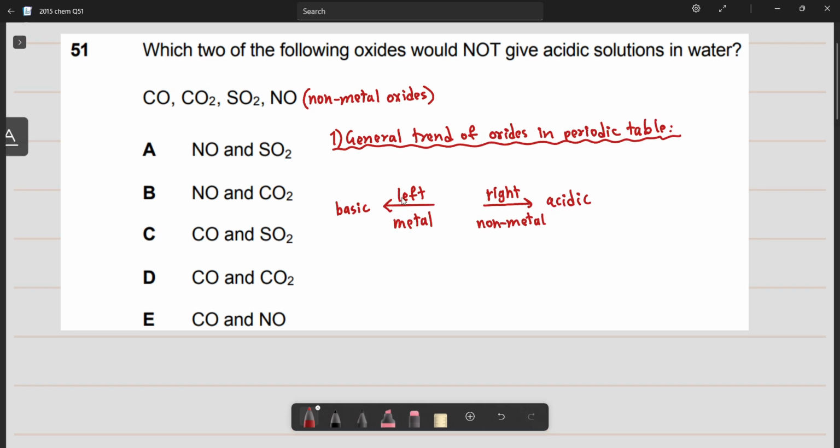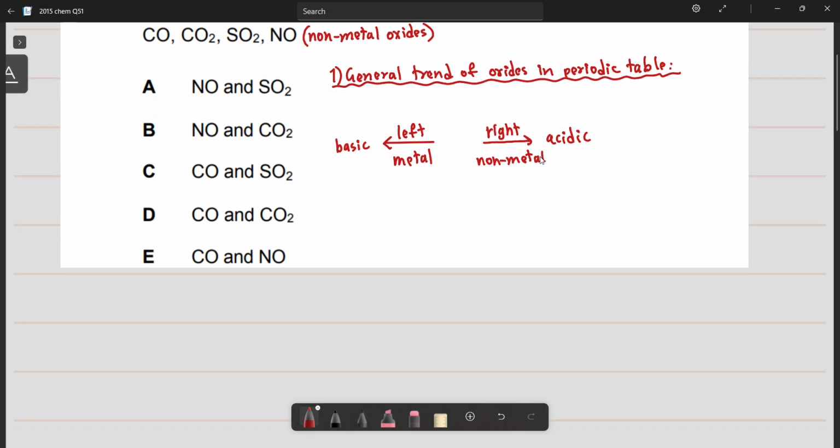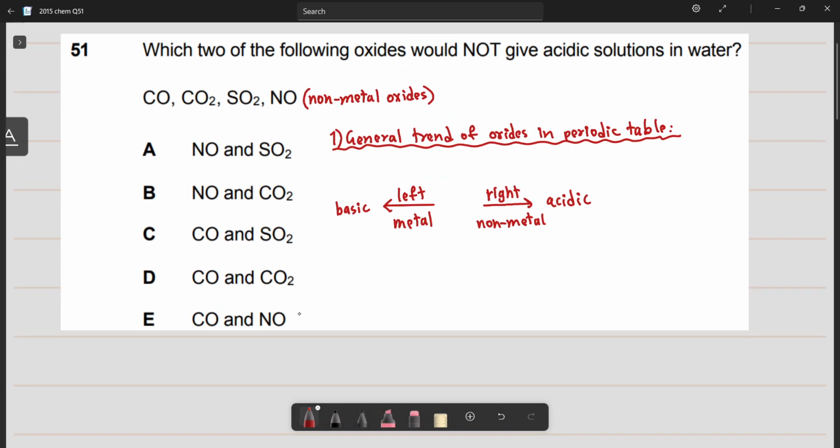And there are also a few exceptions that we must know about the trend of oxides: the exceptional oxides, which are amphoteric oxides and neutral oxides.